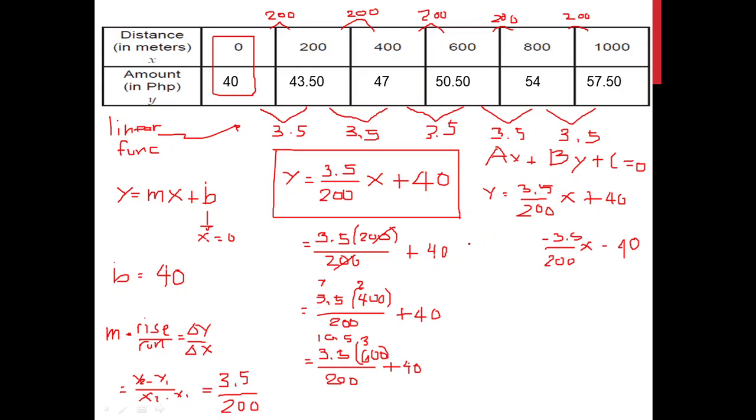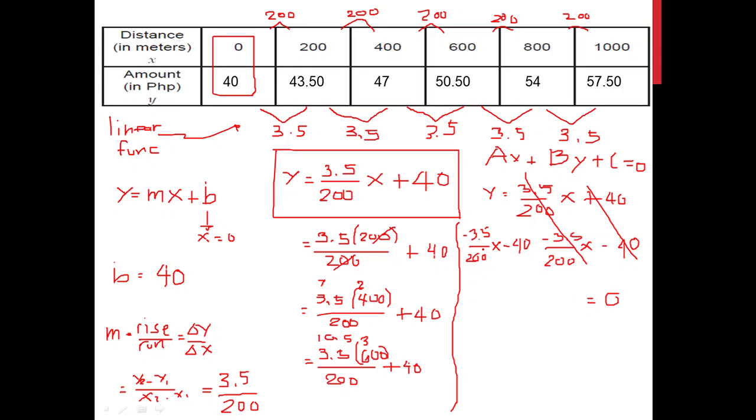And same as the other side. Let's separate this one first. On the y side, you have negative 3.5x over 200, and then also negative 40. So this will cancel out. This becomes 0. This becomes 0 also. I'll bring my equal sign here. Then what's left on the right side is 0.